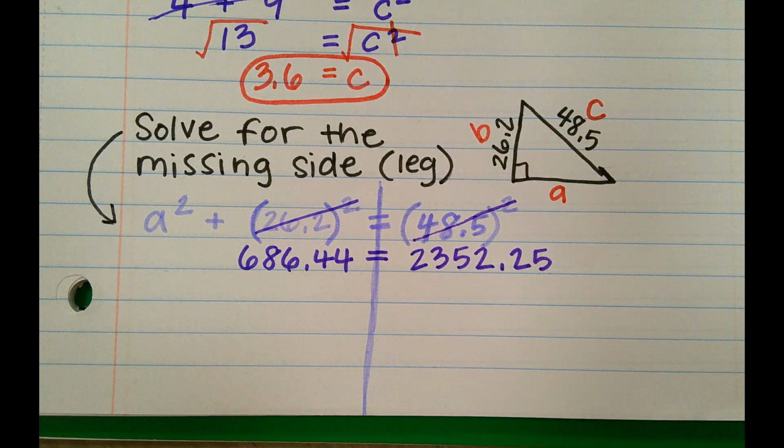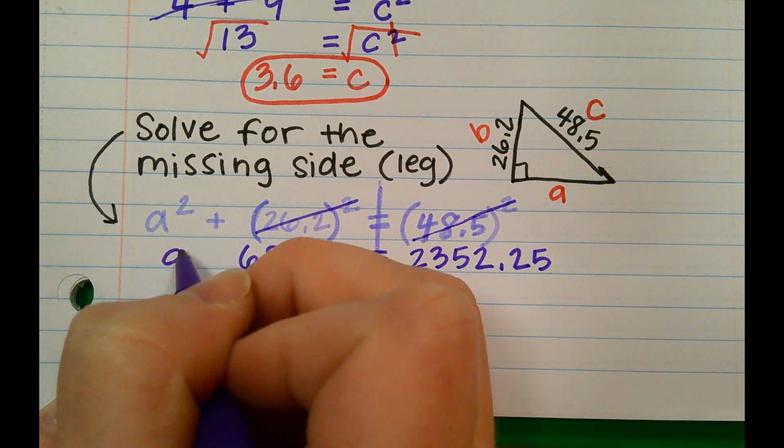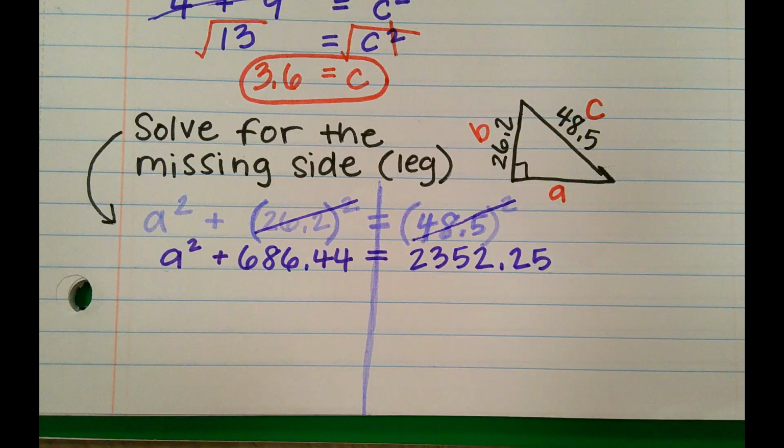And what else? What am I missing? Yes, my a squared. So let's bring that down. So a squared plus 686.44 equals 2352.25.